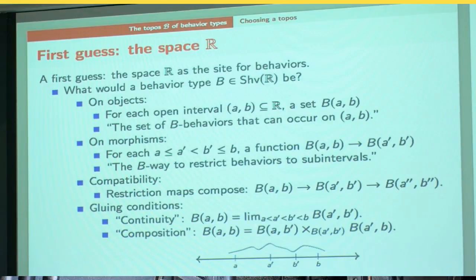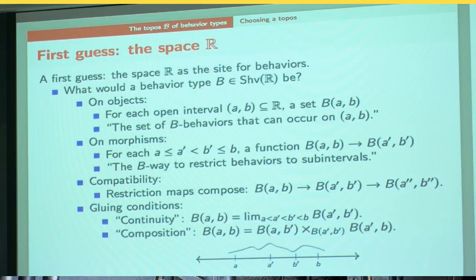One is what I call continuity. What you really want to say is that for any open cover of one open set by others, there's some kind of gluing condition. But I'm going to break it into two because I'm going to keep one of them in what goes on from here and discard one of them.